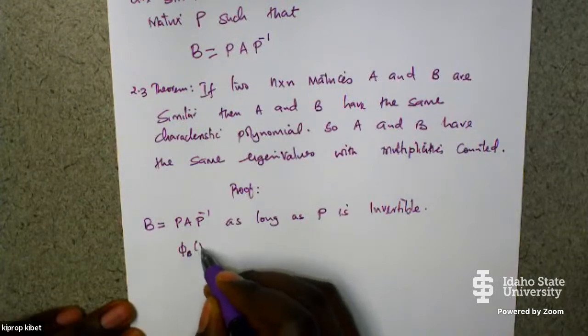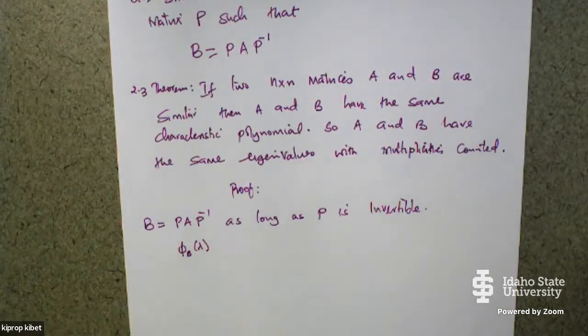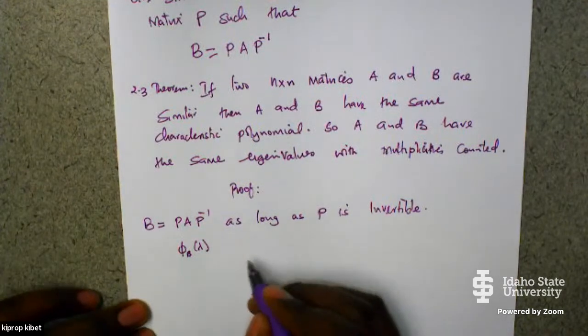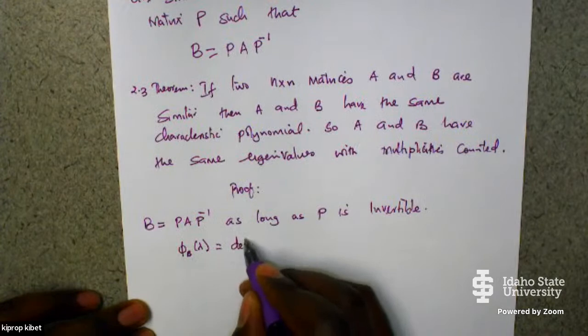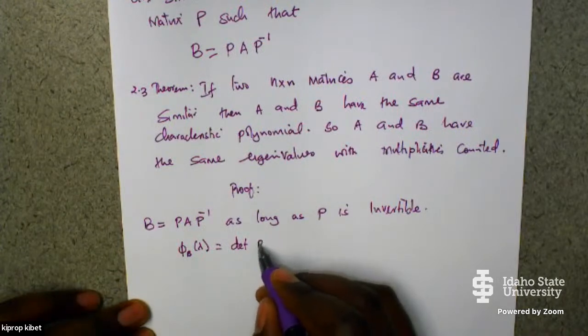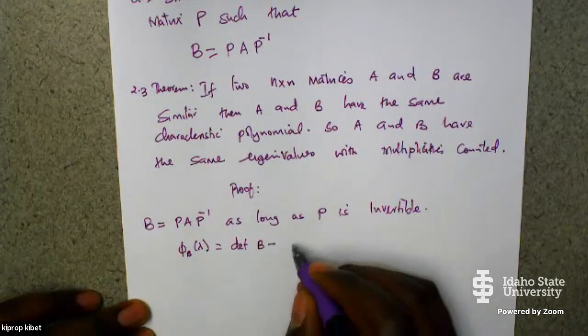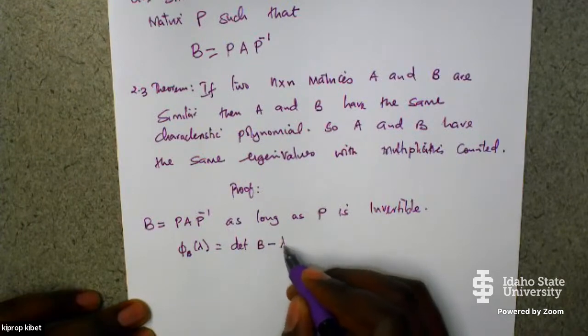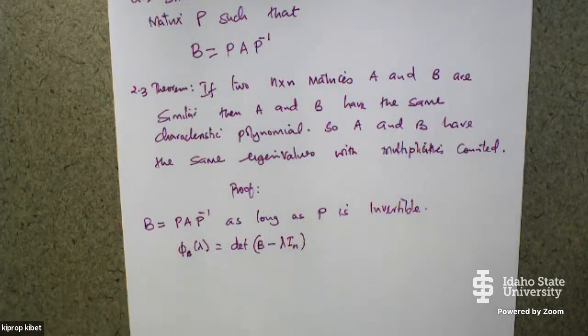So to get the characteristic polynomial of B of lambda, it is the same as getting the determinant of B minus lambda I n.